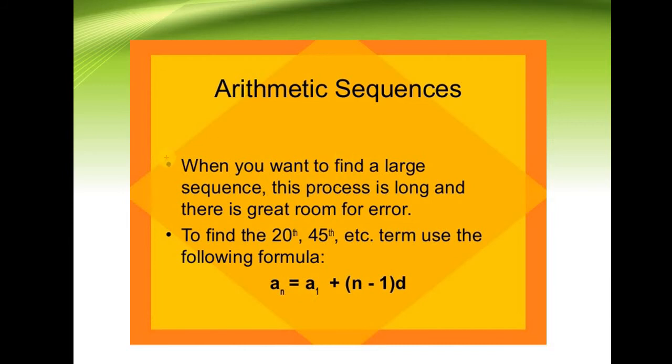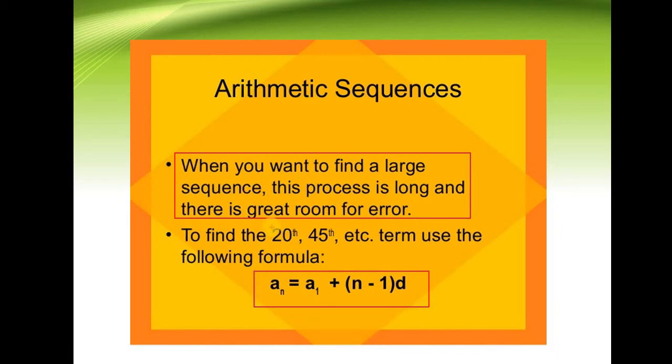When you want to find a large term, this process is long and there is great room for error. In the previous slide, we found the 7th term, which was 20, by looking at the pattern.